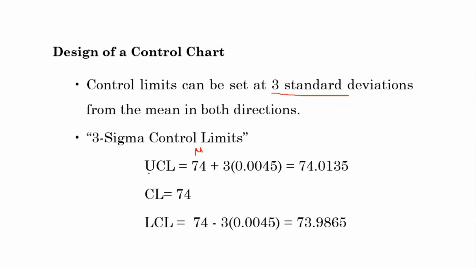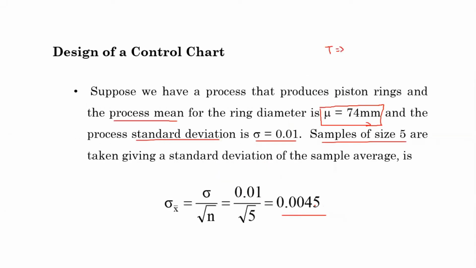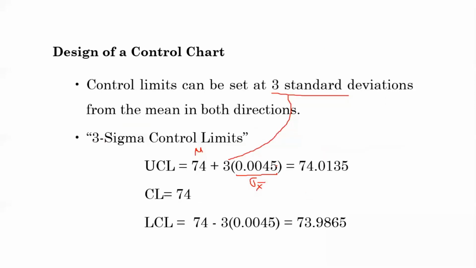The plus would be for the upper control limit, and the minus for the lower control limit. The center line would be the process mean.